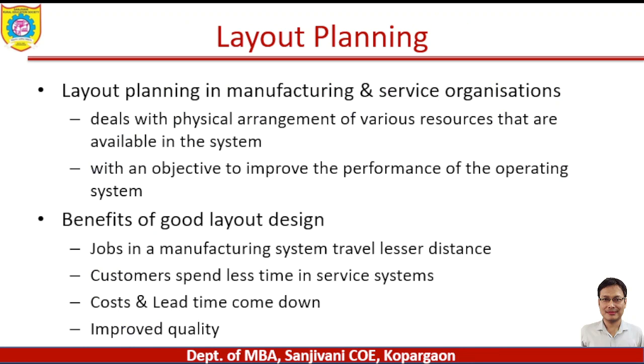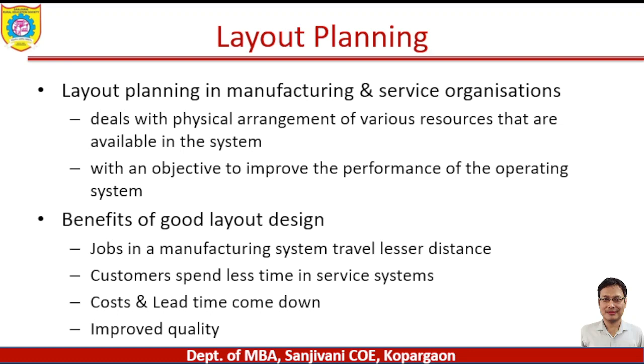Now, after understanding the product process matrix, the next thing we do in manufacturing operations is to design the layout, or layout planning is the next activity. Layout planning is the physical arrangement of various resources, whether in manufacturing or in service organizations.